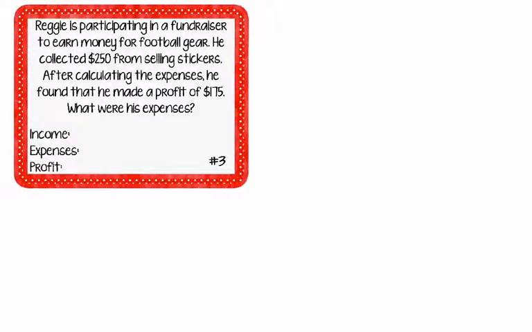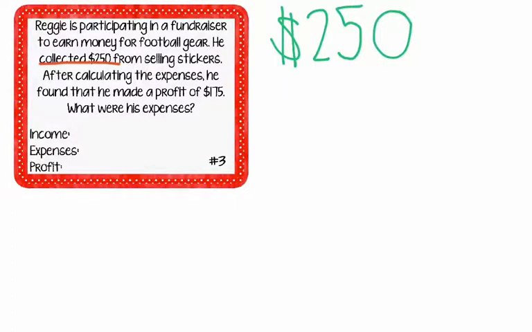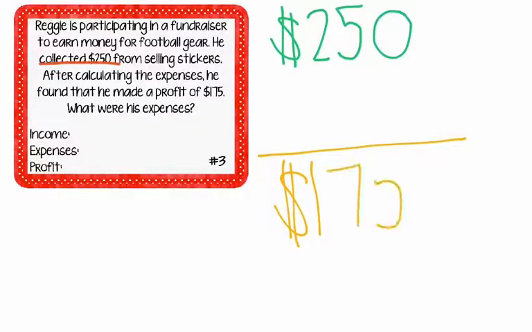First, I look for what I know. I know that he collected $250, so that was his income. And I know that his profit was $175. But I don't know what his expenses were. That's what I'm looking for.